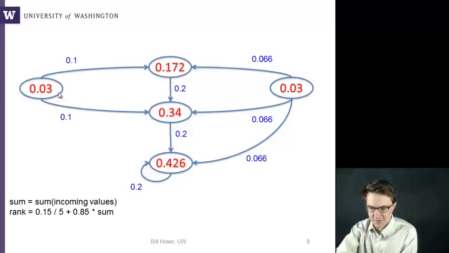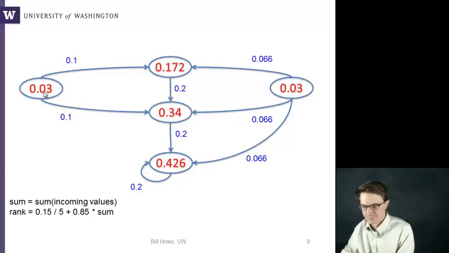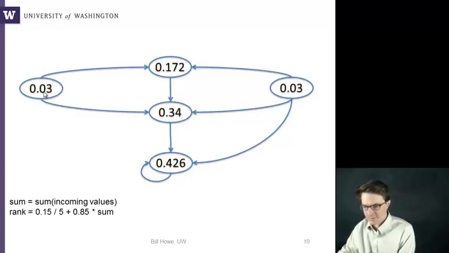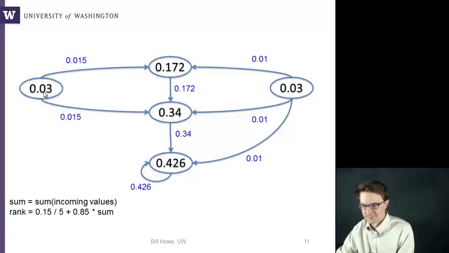Why did this node and this node get 0.03? Well, that's because they have no incoming edges at all, in which case this term in the formula provided nothing. Sum was 0. And so they just get 0.15 divided by 5, 0.03. Okay. And so that's our new value after that iteration.